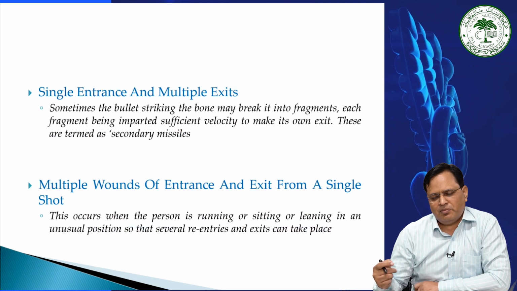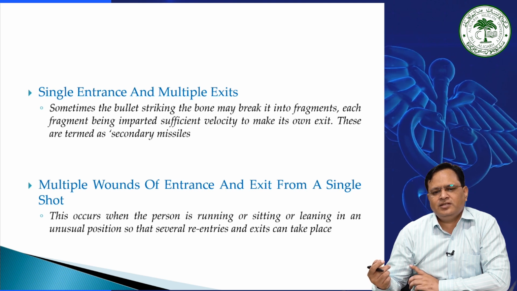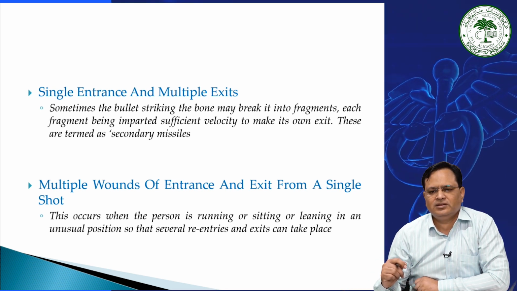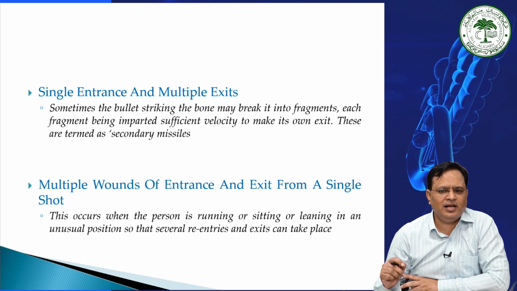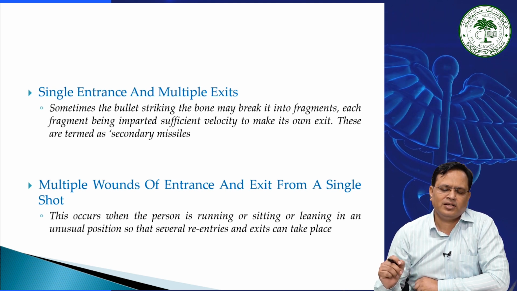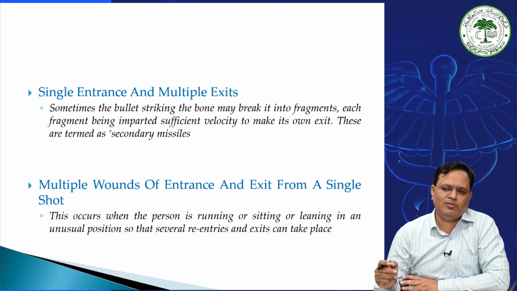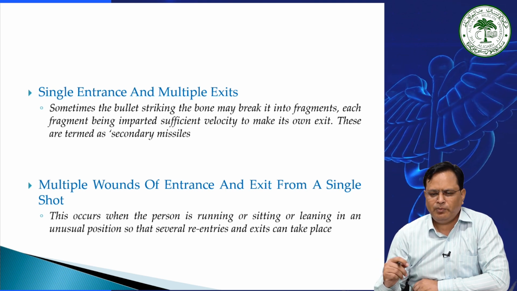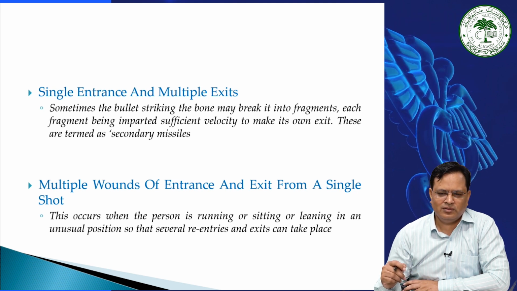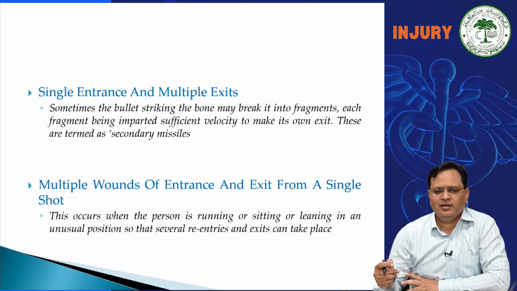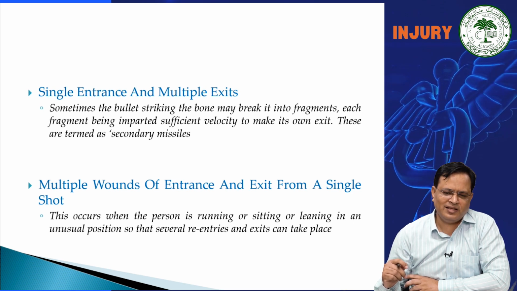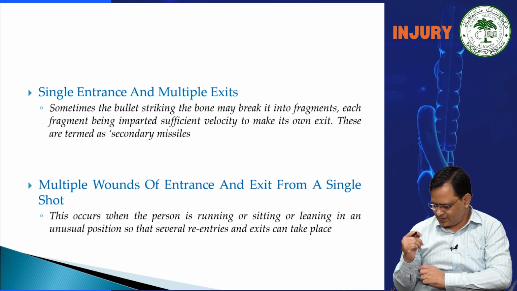Single entrance and multiple exit wounds: it is definitely the fragmentation of the bullet that can lead to multiple exit wounds with a single entry wound, because of striking the bones and all that. Multiple wounds of entrance and exit from a single shot: again, a person is running, or a person is in a position like this.